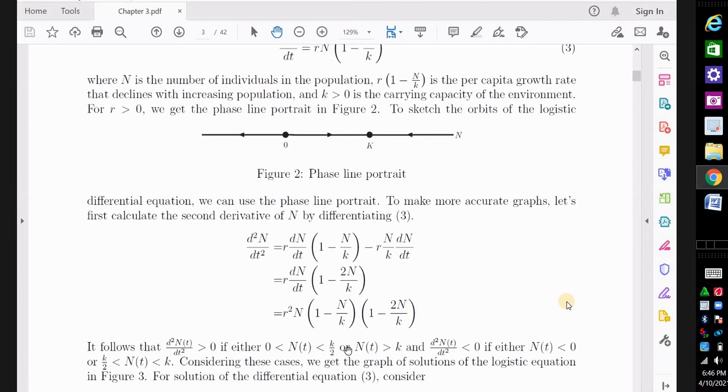And also for n greater than k, d2n by dt square is also greater than 0. And for n less than 0 and n between k by 2 and k, the d2n by dt square will be less than 0. When the second derivative of a function is less than 0 it is concave, and when the second derivative of a function is greater than 0 it is convex.